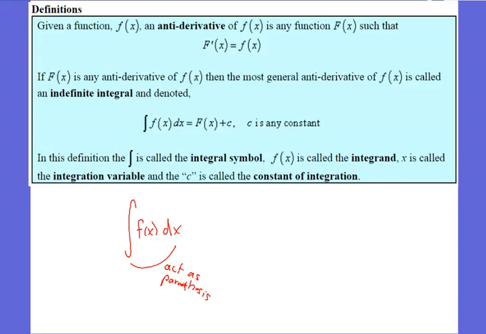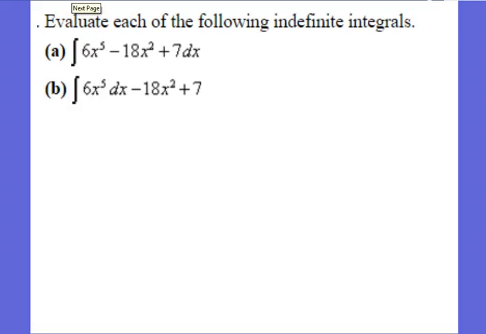Let's start with some baby steps here. Well, we kind of already did. So here I have this symbol, 6x to the fifth minus 18x squared plus 7 dx. So what does that mean I want you to do? Find the integral of this stuff here with respect to x, okay?